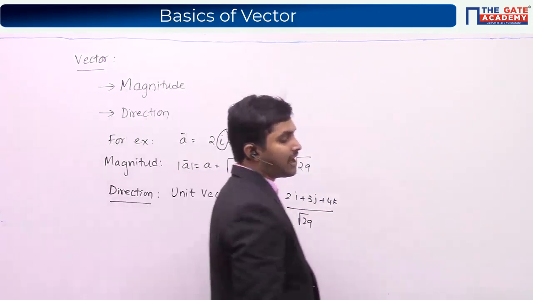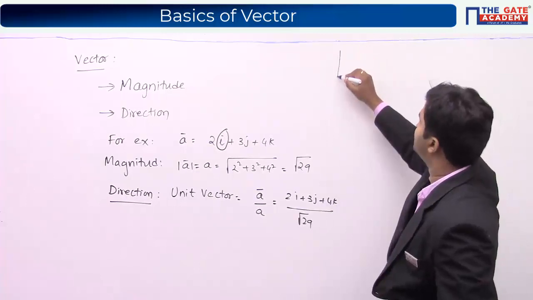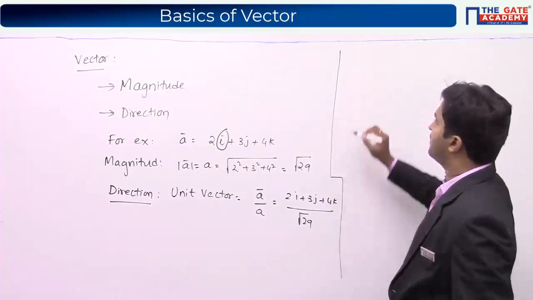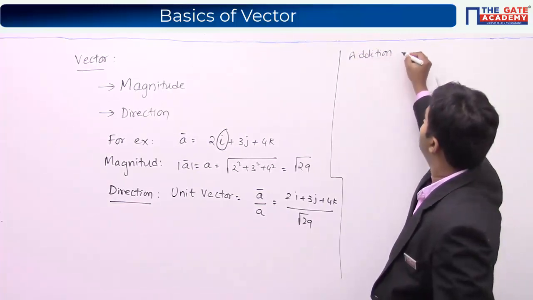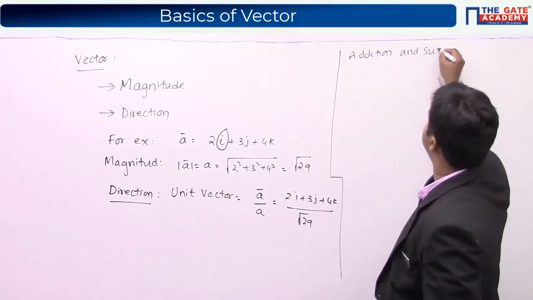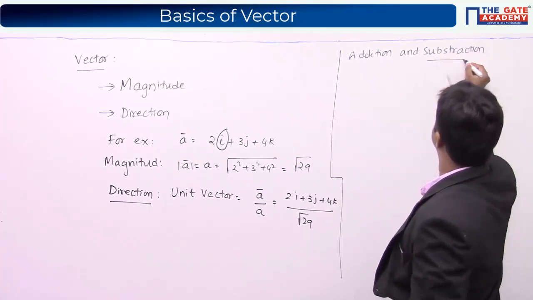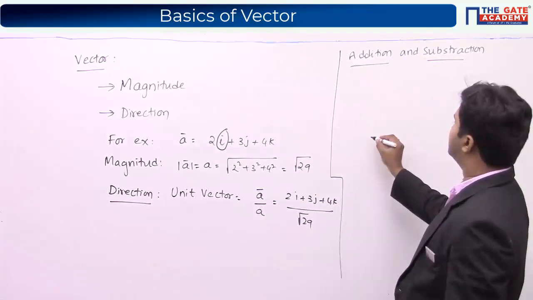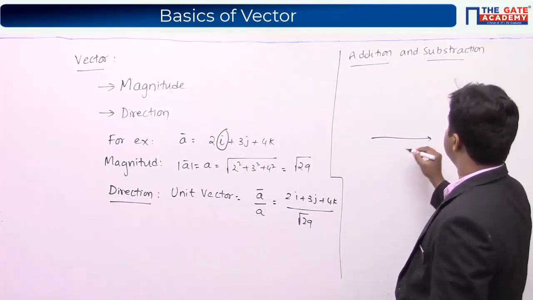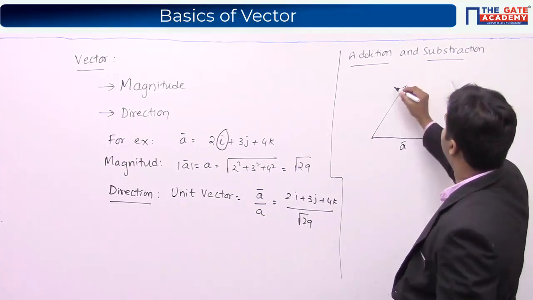Now, if you have more than one vector, how can we add or subtract the vectors? Again, let us consider 2 vectors, let us say a bar, and another vector called b bar.